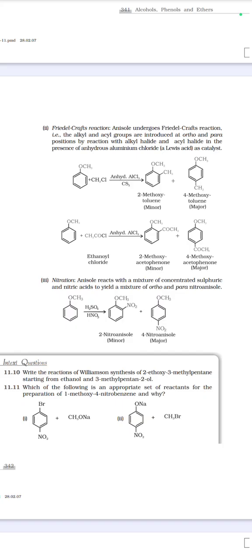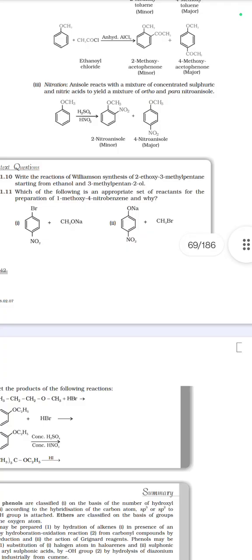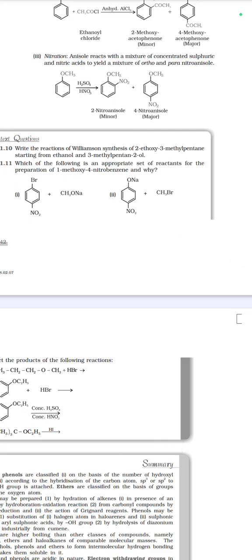Anisole plus CH3Cl gives 2-methoxytoluene and 4-methoxytoluene as minor and major products. Nitration. Anisole reacts with a mixture of concentrated sulfuric and nitric acid to yield a mixture of ortho and para nitroanisole, which are the minor and major products.